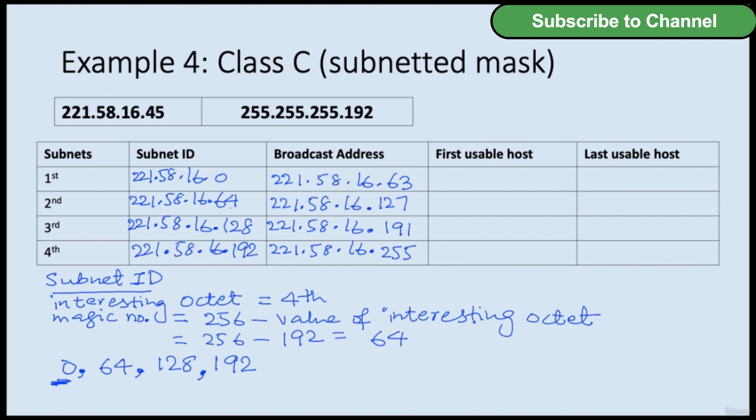First usable host is always the next address of the subnet ID. Subnet ID is this one, so its next address will be 221.58.16.1. The next one will be 221.58.16.65.